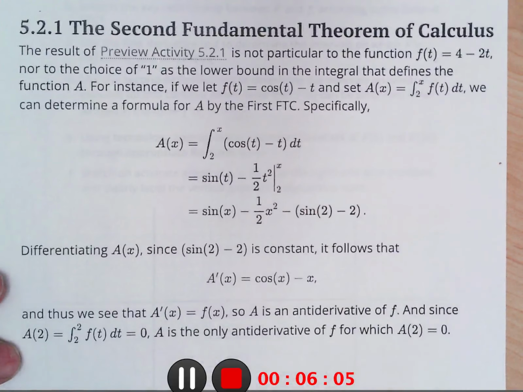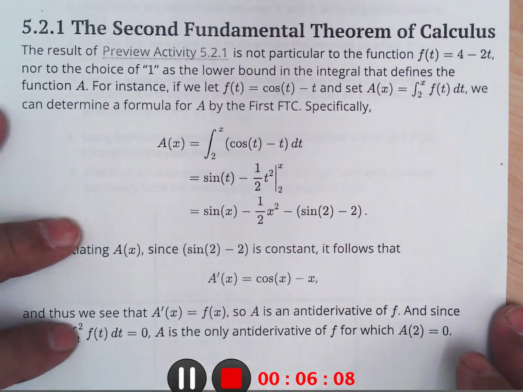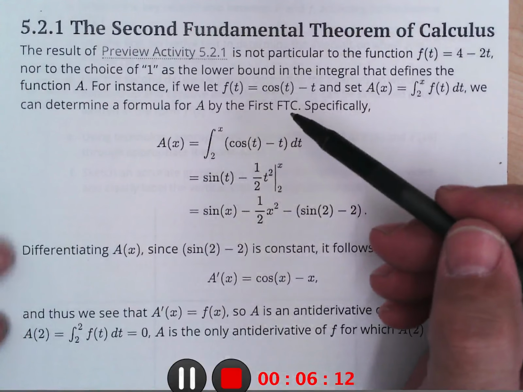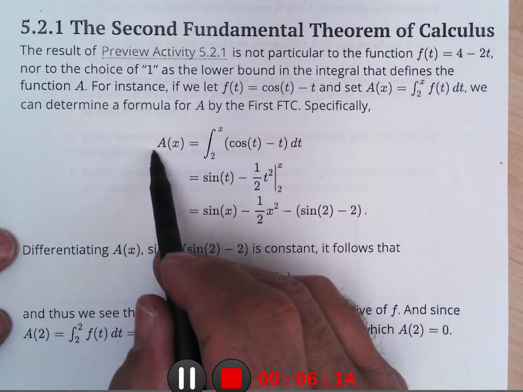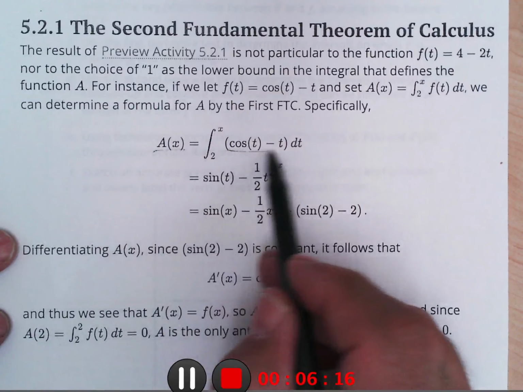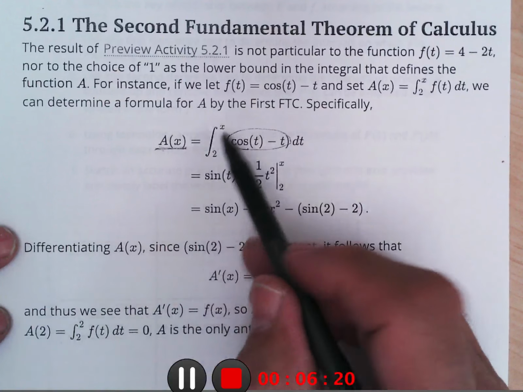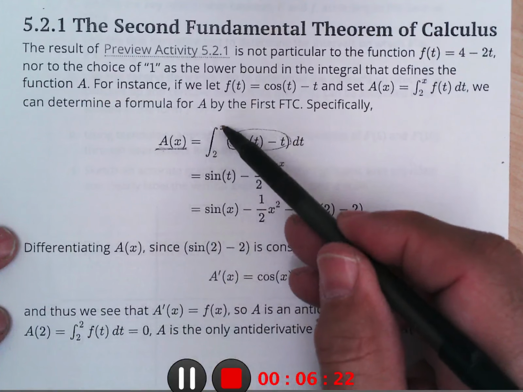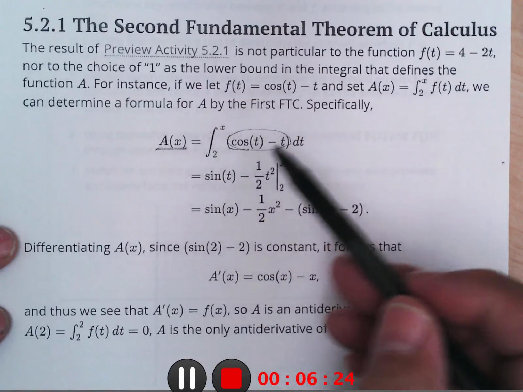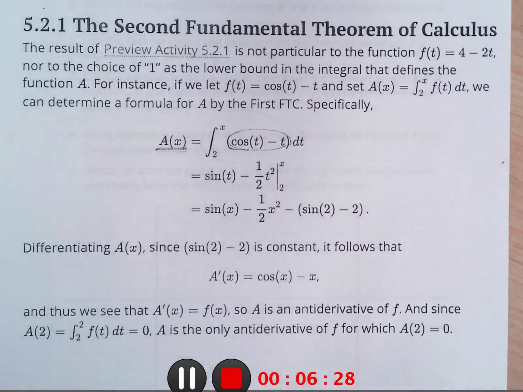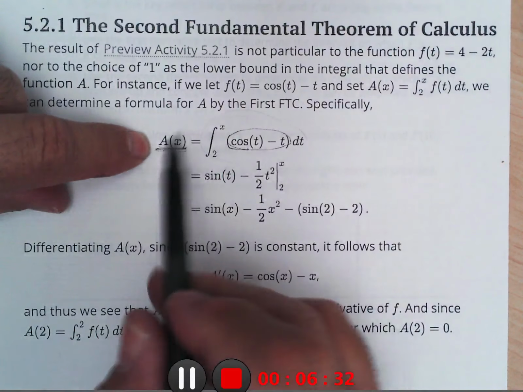Now this says the second fundamental theorem of calculus. All right. So the area under this graph is given, and this is the area from 2 to someplace else x. That area increases or decreases as you move along, and they're making that a function.